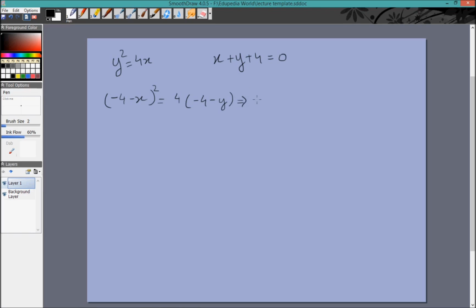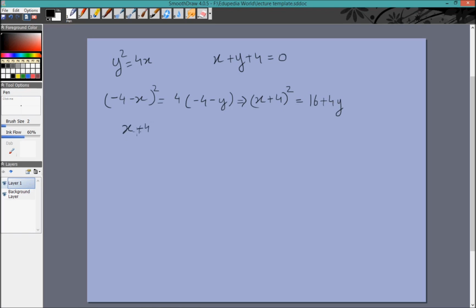Which gives me x plus 4 whole square is equal to 16 plus 4y. And now we need to find the intersection of this curve with y equal to minus 5. So I'll put y equal to minus 5. That will give me 5 times 4 is 20, so it will be minus 20.